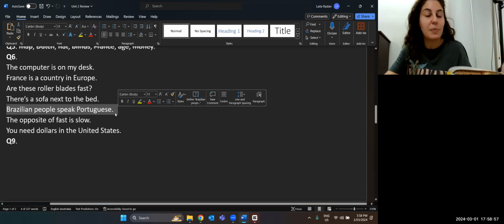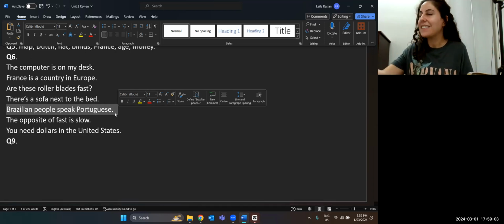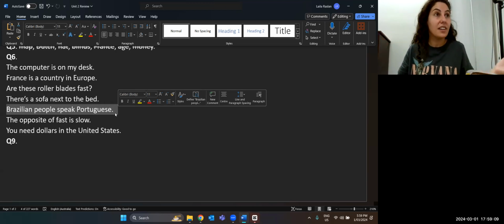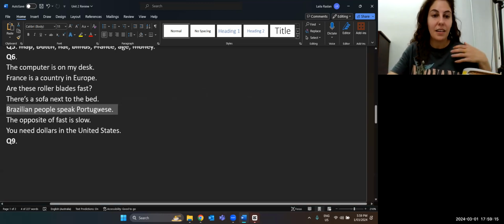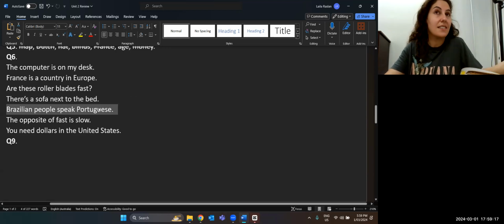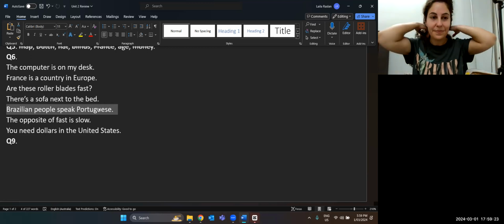It's the same language, but we call them minor differences. Slang, there's different slangs, different sayings. Maybe a bit of different words that you use, but the language is the same. You know what I mean? Like Australian English is the same English as American English and British English. But yes, we have a bit of differences.